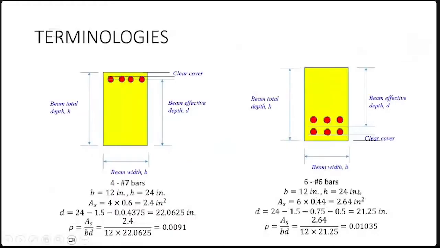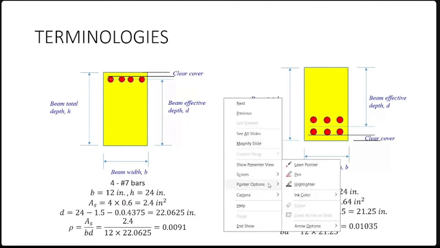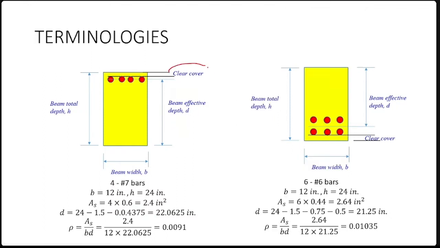So now please look at the clear covers. We have a clear cover from the outer surface of the bar to the outer surface of the beam. Sometimes it is called the cover depth.